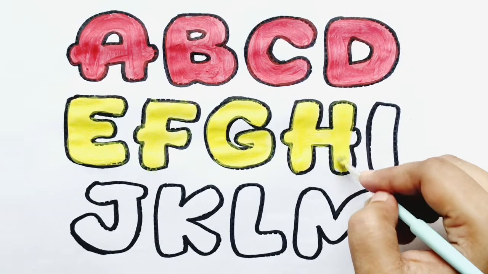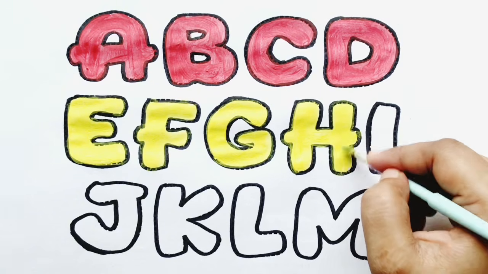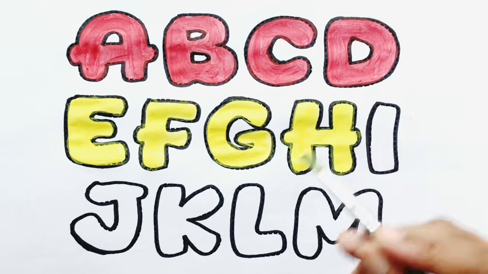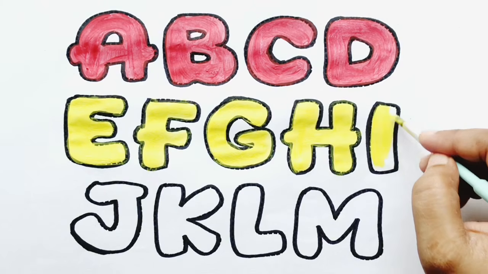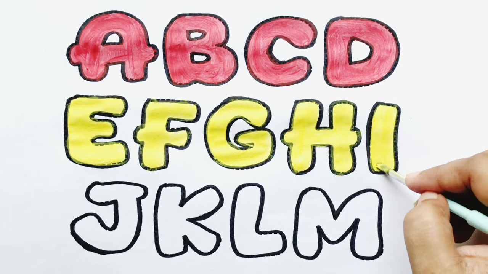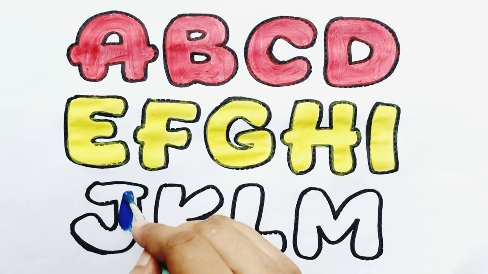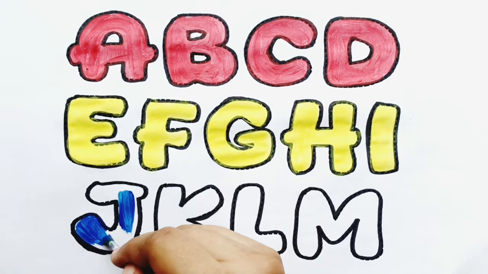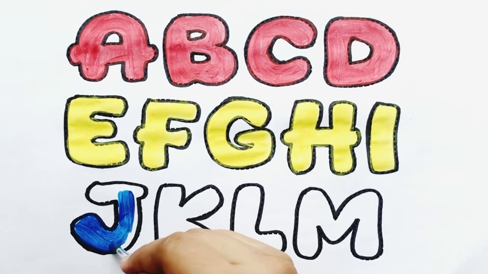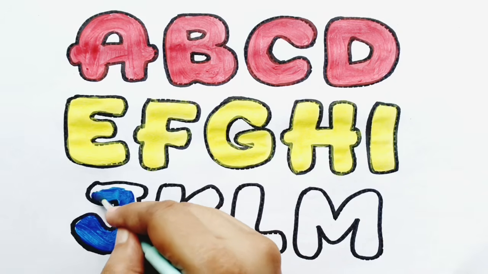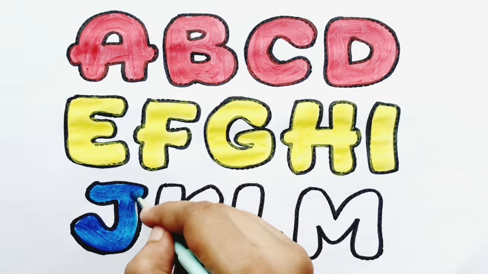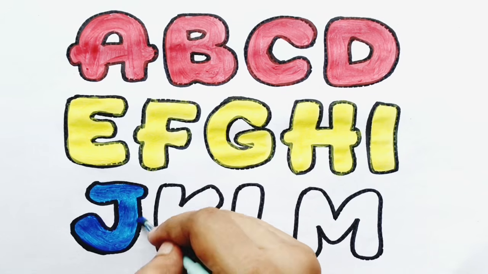A, B, C, D, E, F, G, H, I, J, K, L, M, N, O, P, I for insect. S, T, U, V, W, Blue color. Y, and Z. J for joker. Know my ABCs. Next time won't you sing with me?